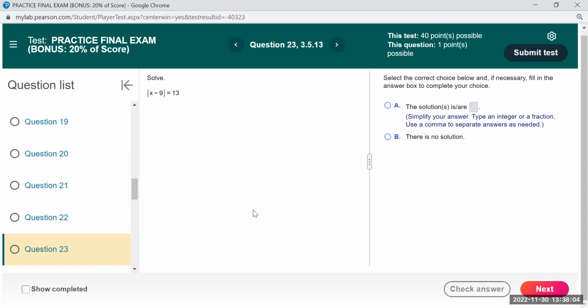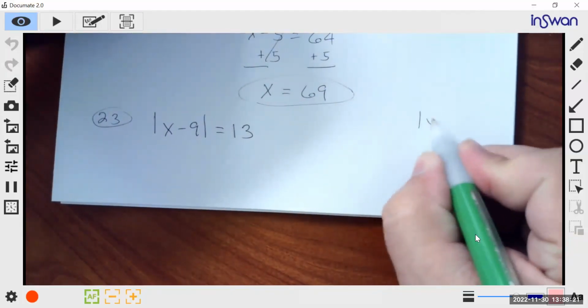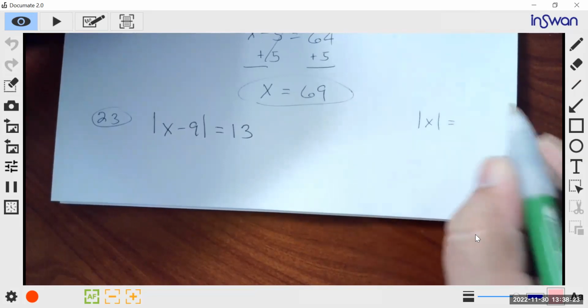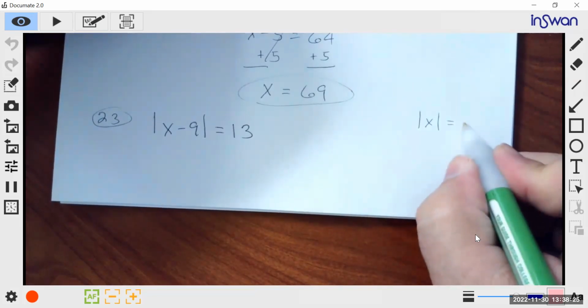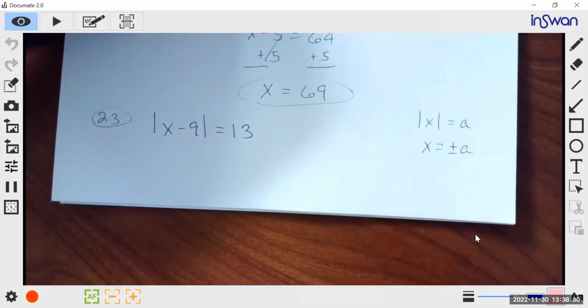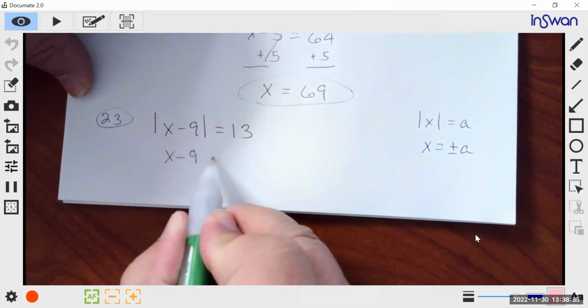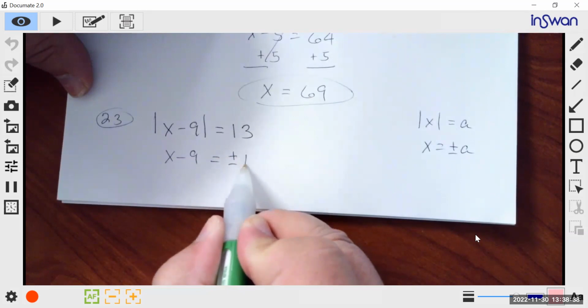And 23. Absolute value of x minus 9 is equal to 13. Remember, if you have the number inside there, absolute value of it always becomes positive. So when you drop the absolute values, that means I could have had a positive and negative. So when I drop the absolute value, it puts a positive and negative in front of the answer.